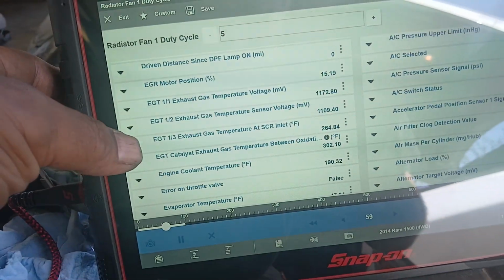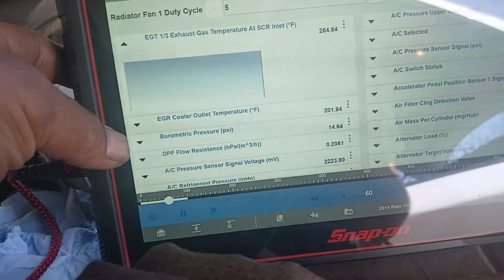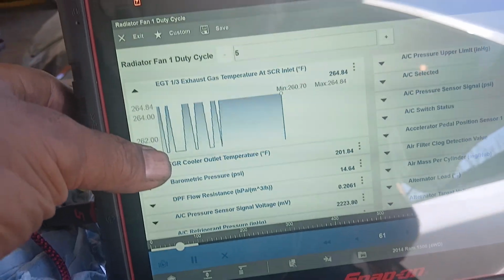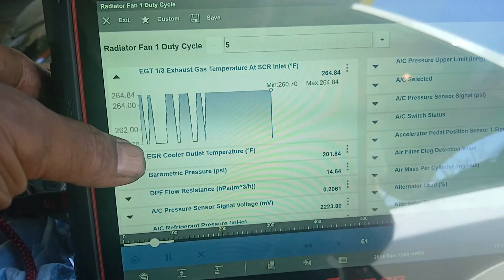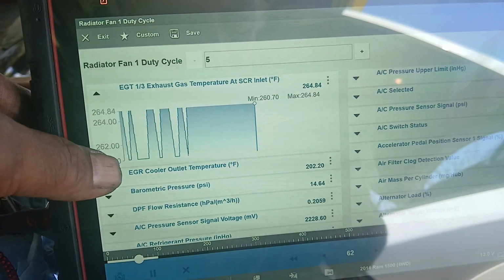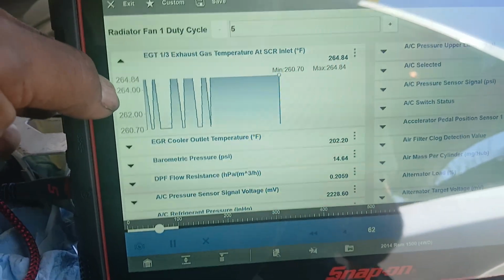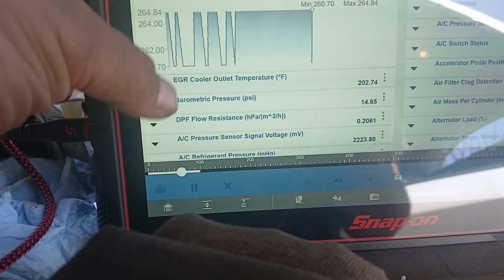Exhaust gas temperature. It is at its max.